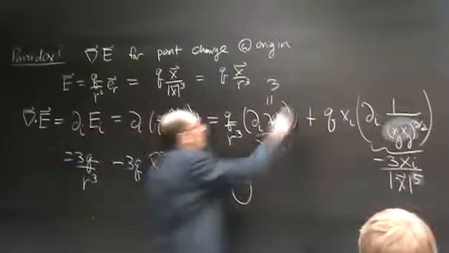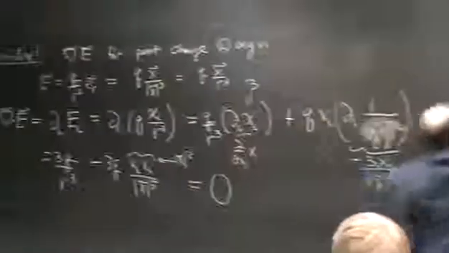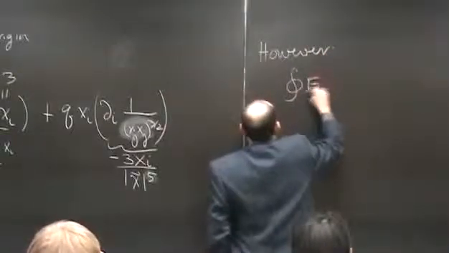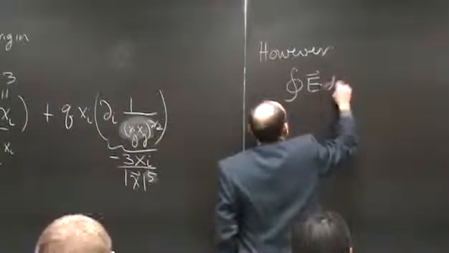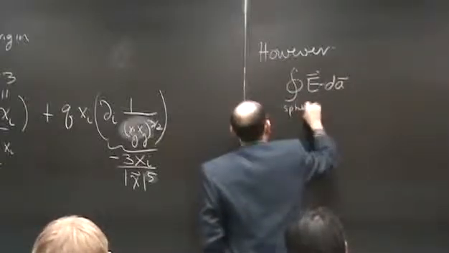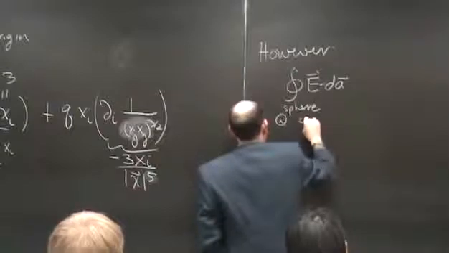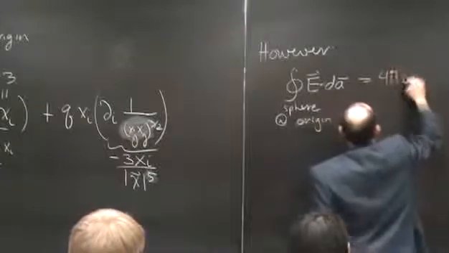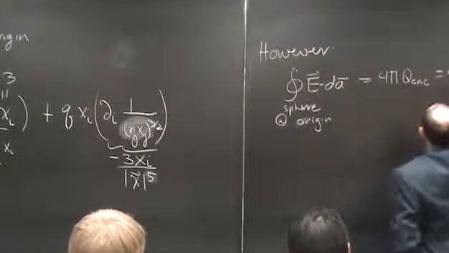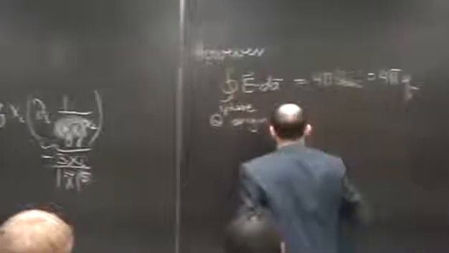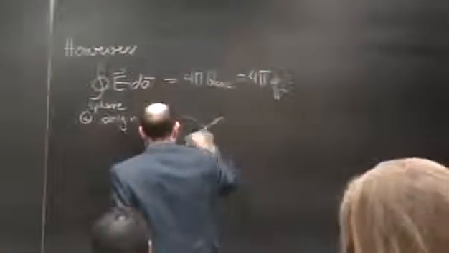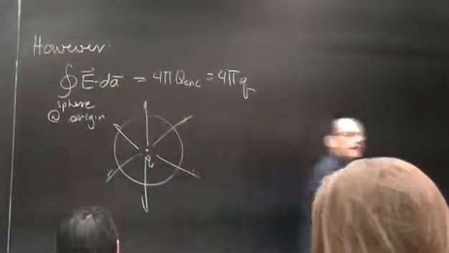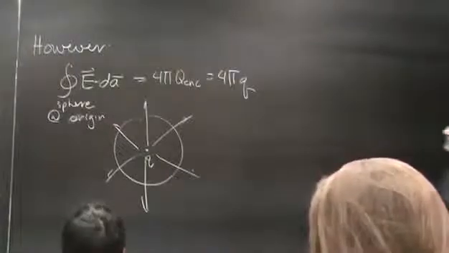However, we know from the divergence theorem, if I make this a sphere at the origin, then this is equal to 4 pi times the charge enclosed in that sphere, which is 4 pi Q. If I put a sphere at the origin, here's my point charge, I've got my fluxometer that sniffs out the flux, and this is equal to this.